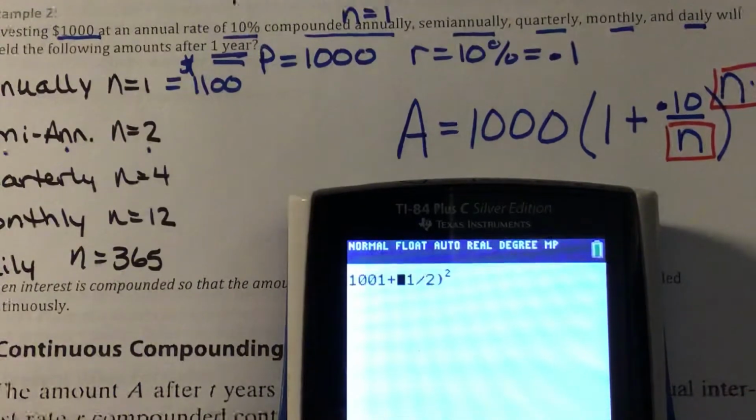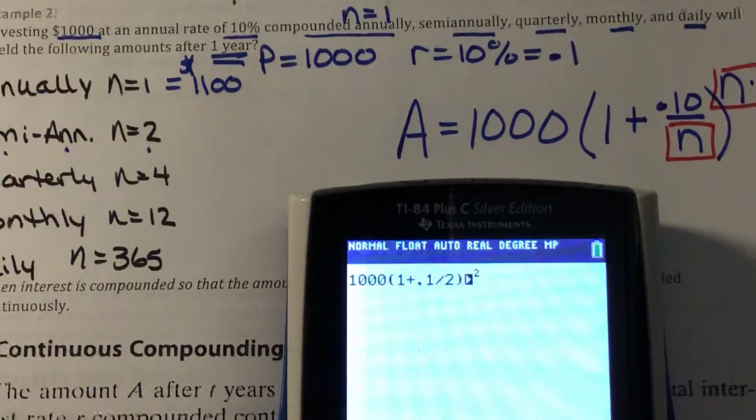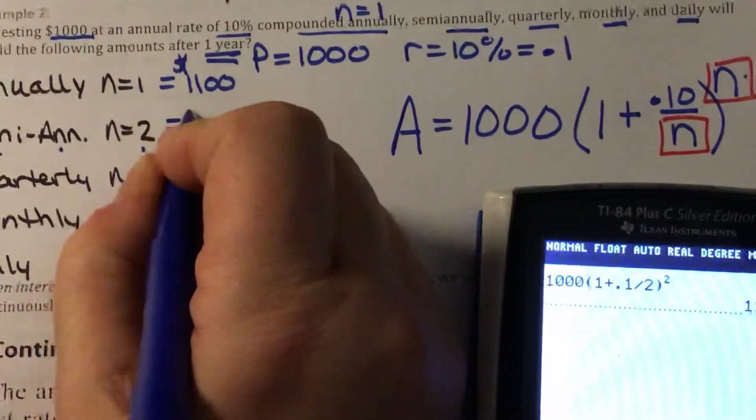Oh, I forgot my parentheses. So this is 1,000 times 1 plus 0.1 divided by 2, close the parentheses, to the second power, enter. There we go. I have $1,102.50.